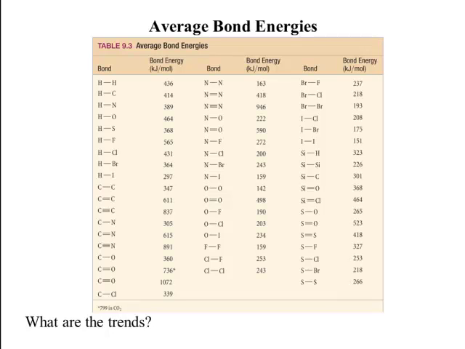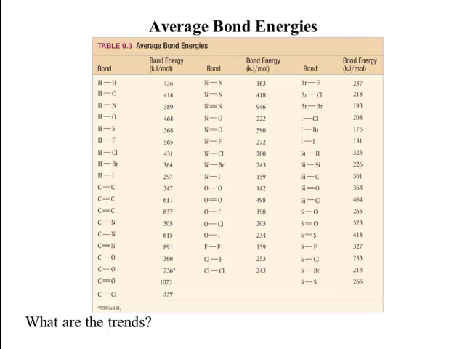All right, now we can look at average bond energies, which is the energy associated with those bonds. Whether we're breaking it or forming it, if we're breaking the bonds, we have to put that energy in. If we're forming that bond, we're getting that energy out. Let's look at some trends here. Let's go back to that HF, HCl, HBr, HI. If we look at HF down to HI, HF has got a larger bond energy than HI.